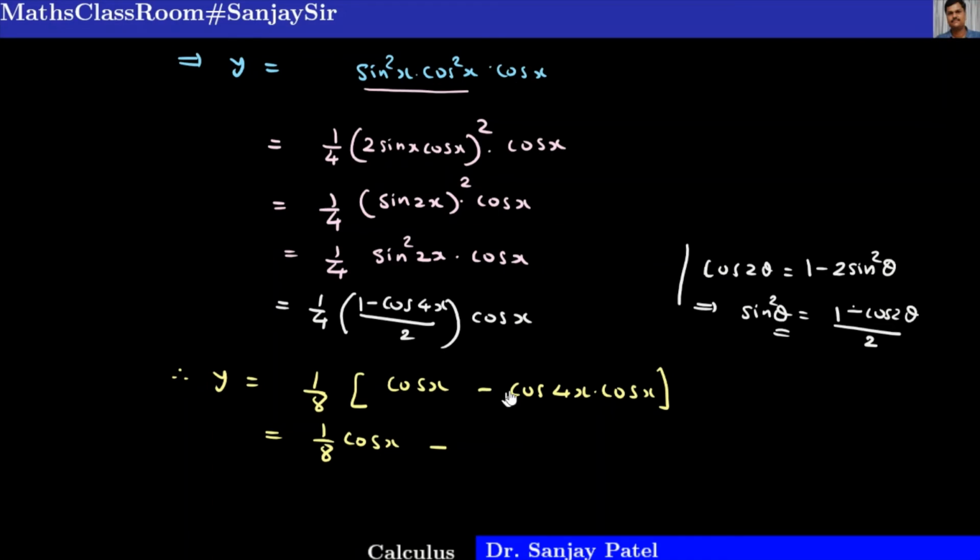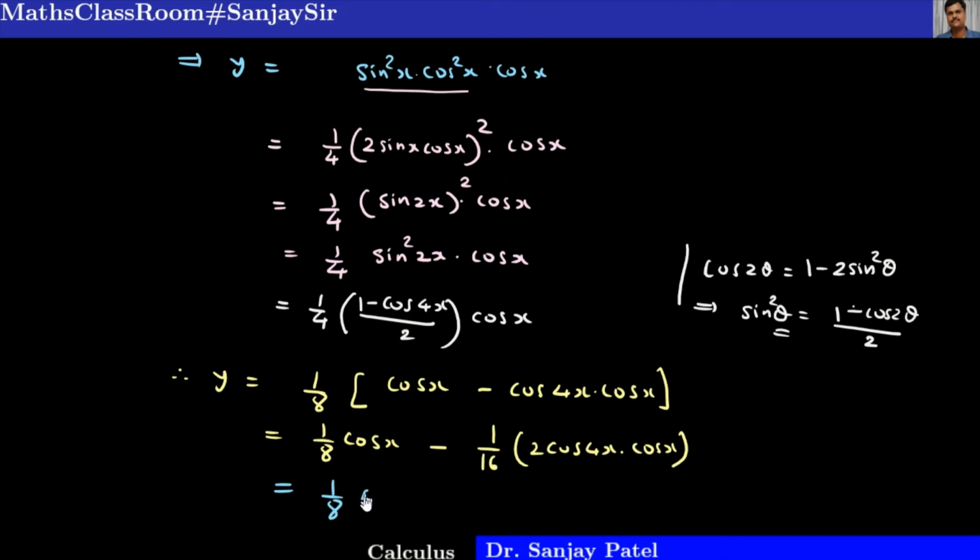So I should have 2 here. So let's multiply and divide this term only by 2. So what I will get is 1 upon 16 into 2 cos 4x into cos x. Just note that I multiply and divide by 2, and that 1 upon 8 is multiplied with this, so it becomes 1 upon 16.